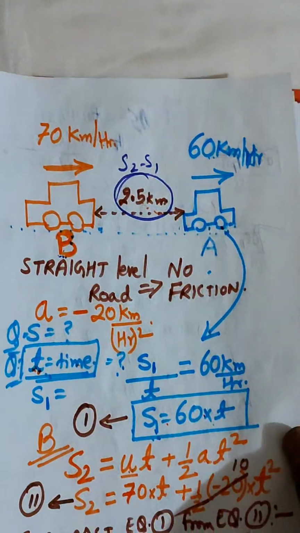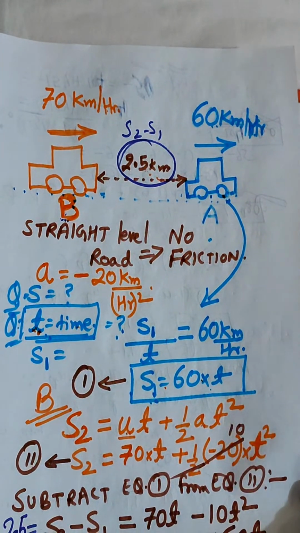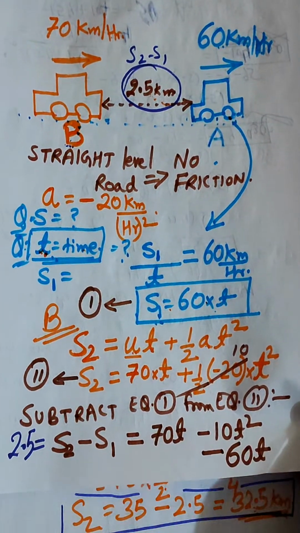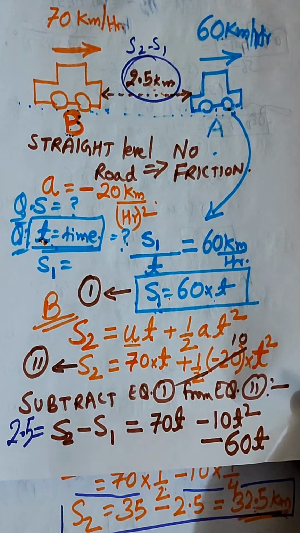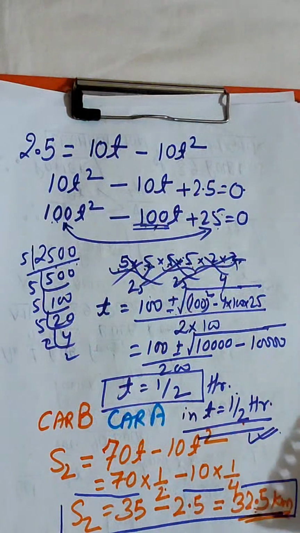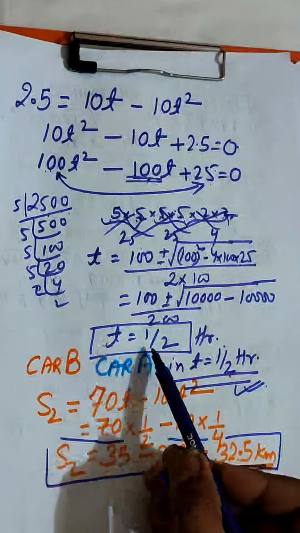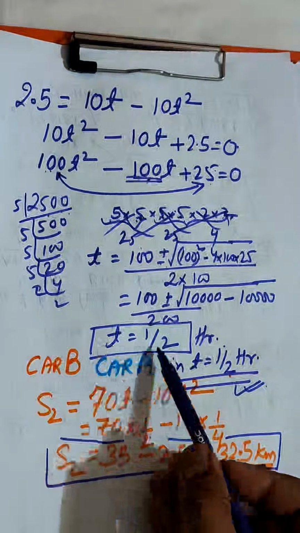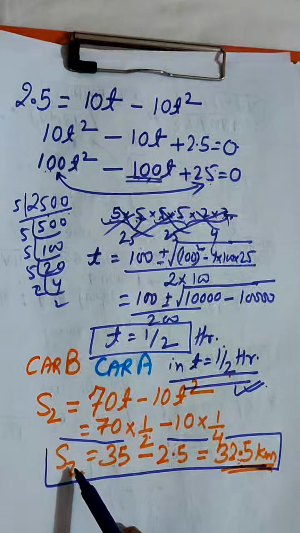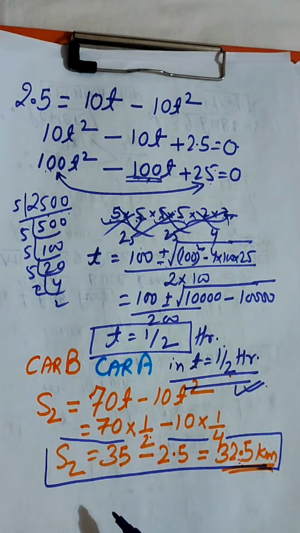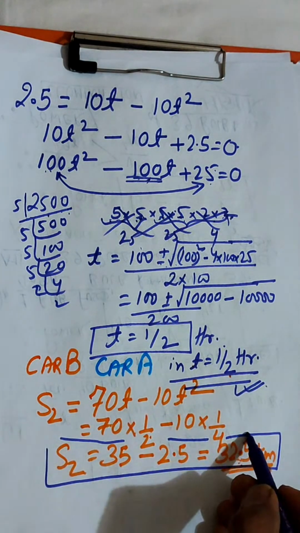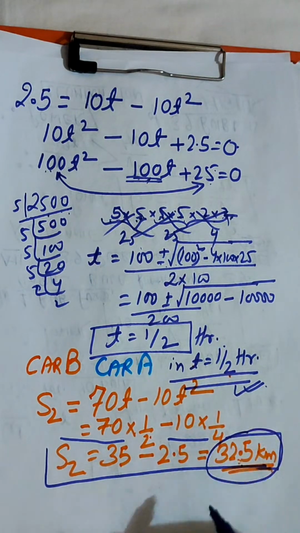So quickly reviewing, this was the first page of the question which we have solved. From here we went to the second part of the question, that car B catches car A, and car B, that is S2, because it was asked in the numerical after what distance and time will B catch up with A. Okay, so when S2, that means in 32.5 kilometer of travel, B will catch up with A, right?